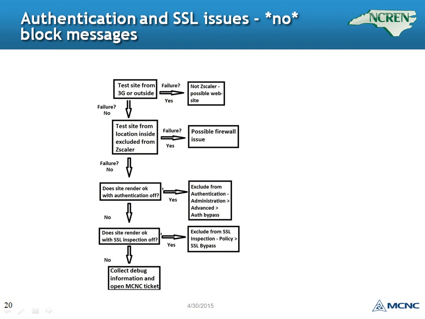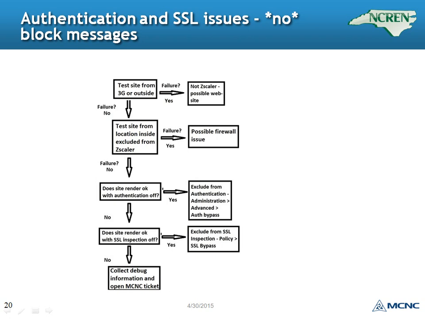So if you're having a problem getting to this particular site, this would be a firewall problem, not a Zscaler problem. And if you manage your own firewall, you can just open the port. If it's an ITS managed firewall, you can open a ticket with MCNC and we'll get that taken care of.